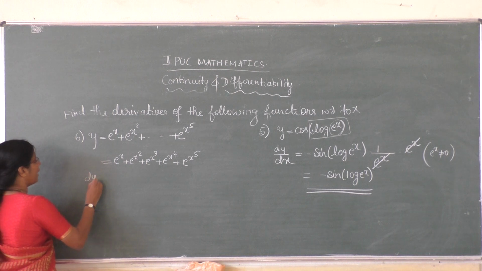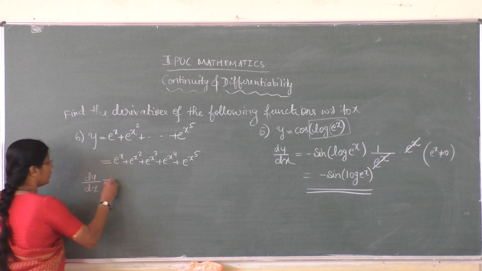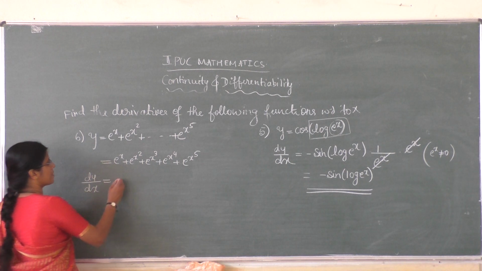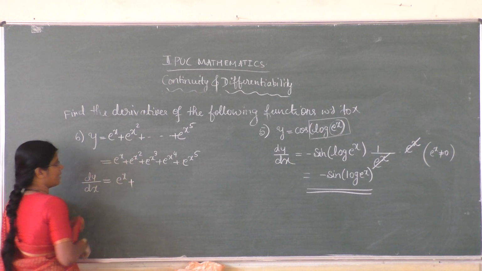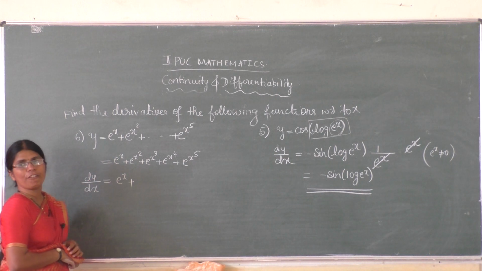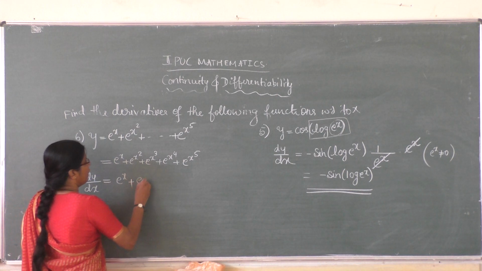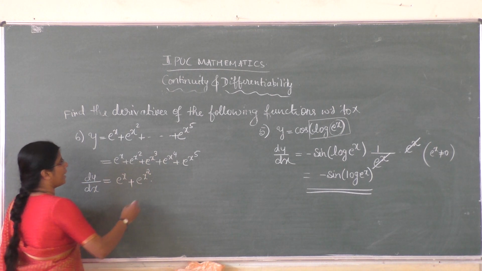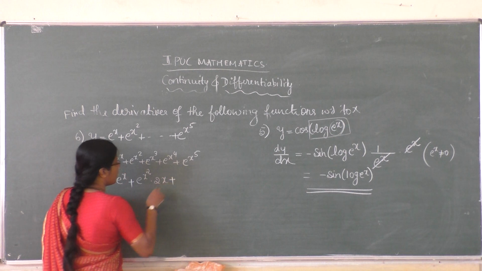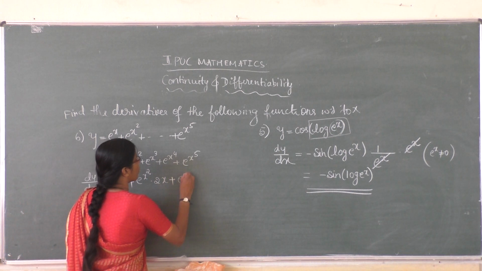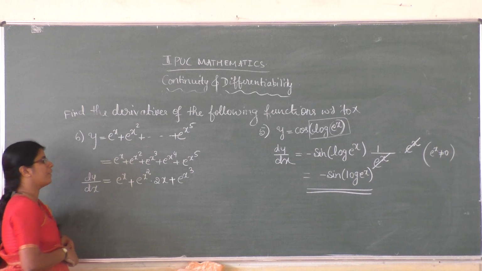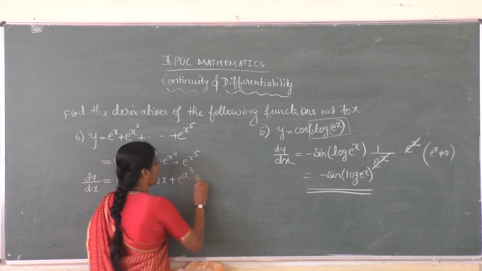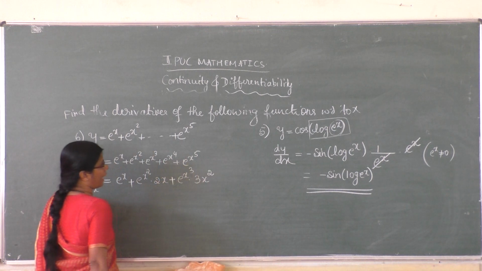So dy by dx is equal to derivative of e to the power x, that is e to the power x itself. Then derivative of e to the power x square, e to the power x square itself, derivative of x square is 2x, plus e to the power x cube, derivative of e to the power x cube is e to the power x cube itself, and derivative of x cube is 3x square.